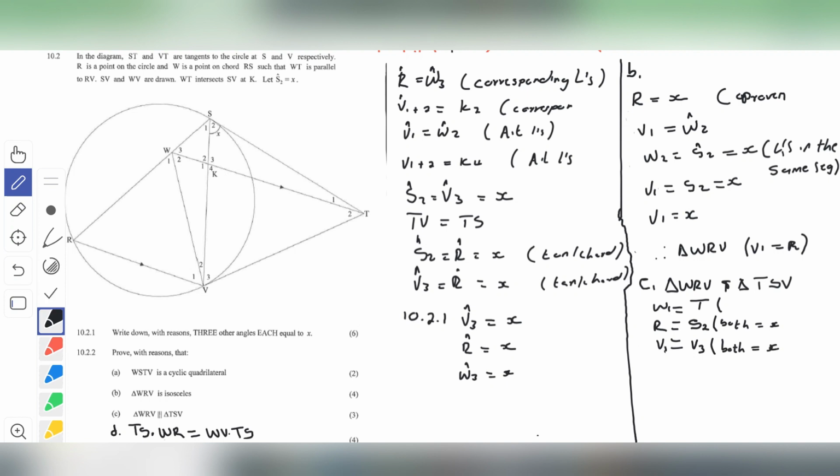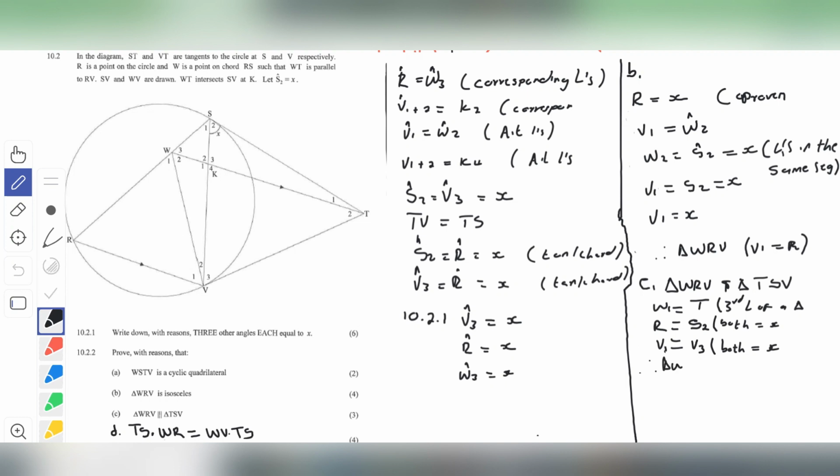So therefore, this one is going to be the third angle of a triangle. Then you arrange them in order. W1 is equal to T has to be at the end, right?